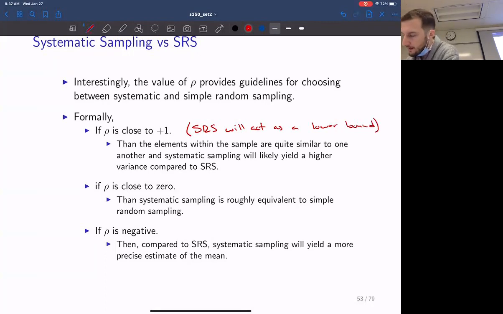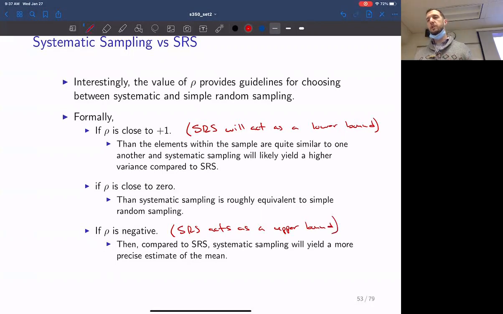And then when rho is negative, we would say that the systematic sampling estimate will yield a more precise estimate of the mean. So in this case, we would say SRS acts as a lower bound.